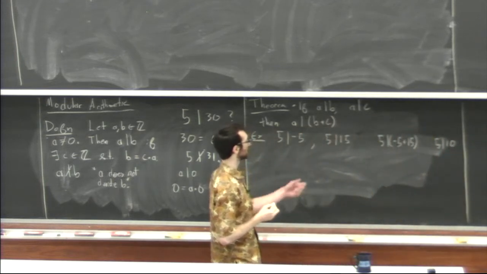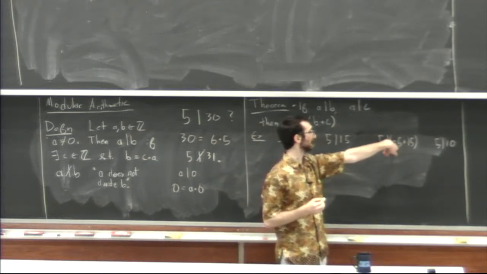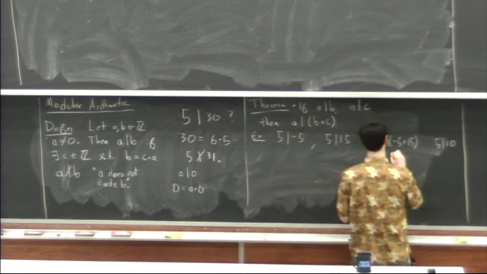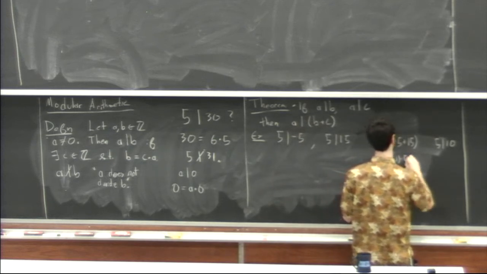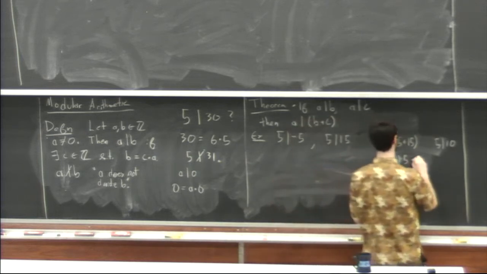The basic idea is I'm essentially factoring. -5 is equal to -1 times 5, and 15 is equal to 3 times 5.